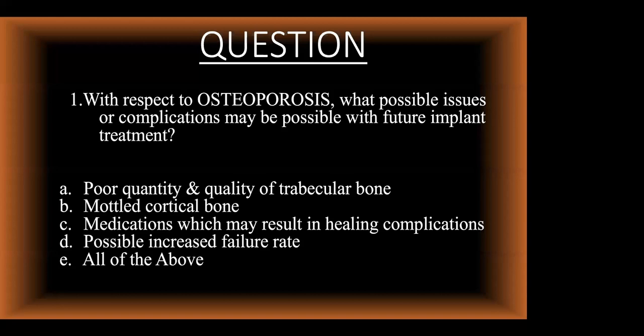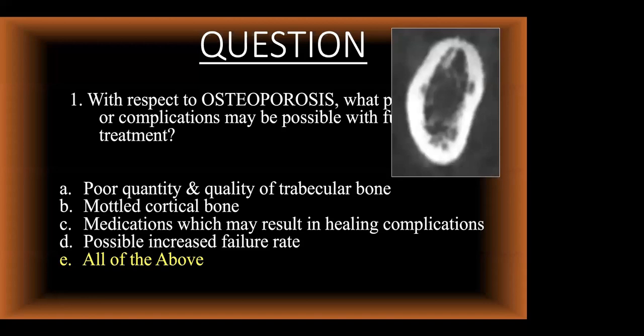Oh, great. Perfect. I like that, 97%. So if we look at the correct answer, it's all of the above. Anytime you have osteoporosis, you'll have poor quality trabecular bone and quality of the bone. It'll be very well impaired. The cortical bone will become mottled, and you can see those radiolucent areas within the cortical component.